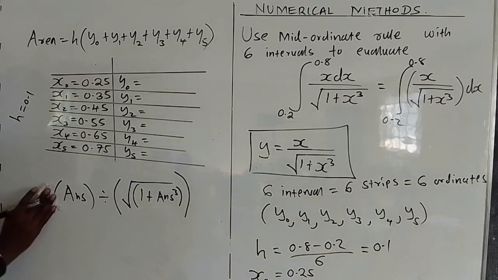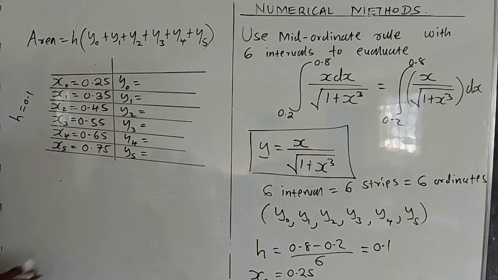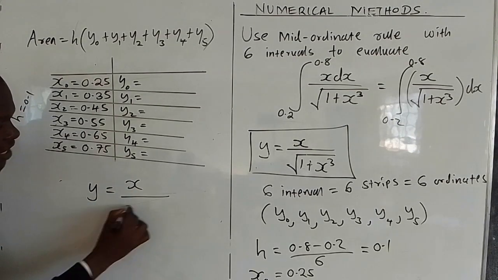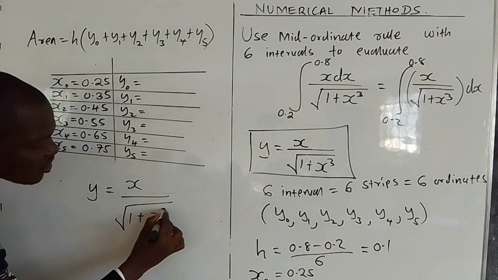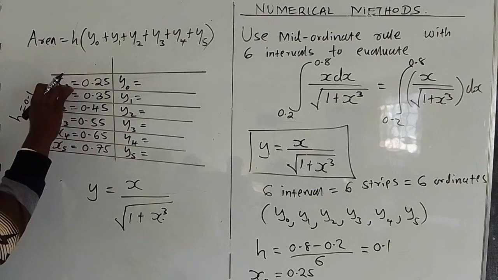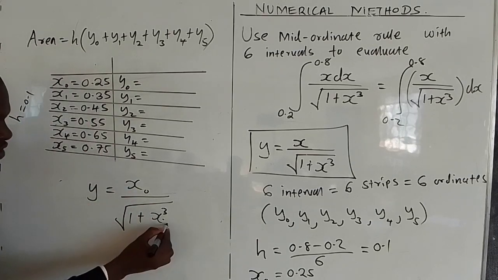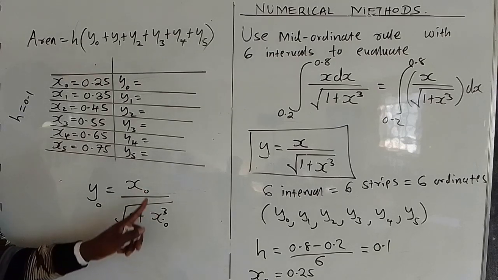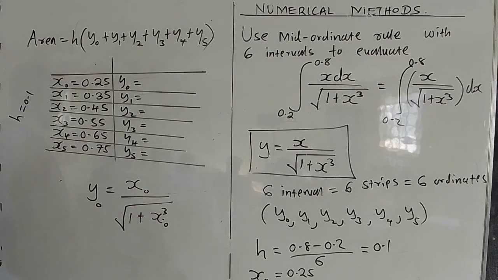Are you seeing that? Are we together? My friend, if you cannot abide with that rule, can you go stepwise? You know very well that y is equals to x over square root of 1 plus x cubed. When you want x naught, where there is x, if you put x naught there, you put y naught. So y naught will be x naught of this, then get this value the way it is, okay?